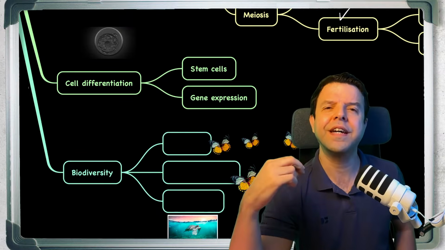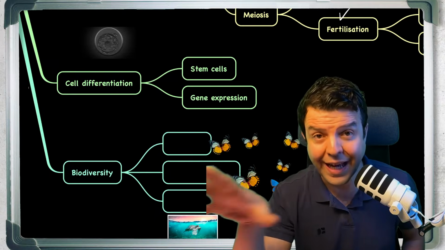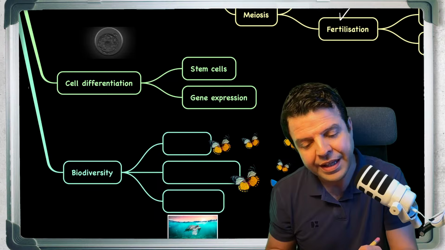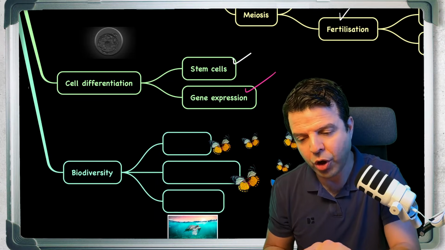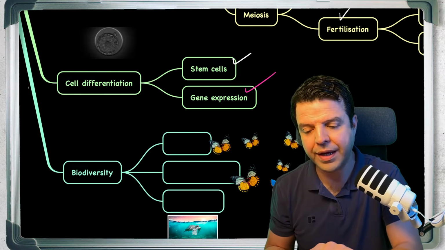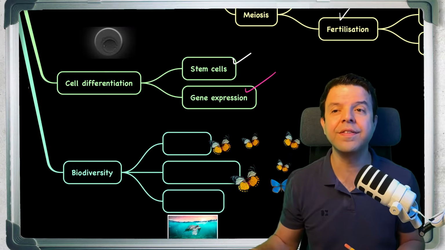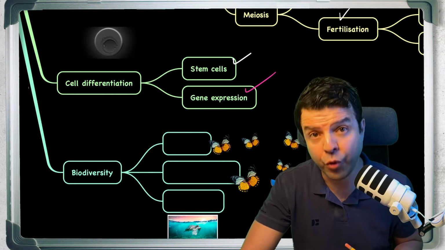Briefly, it means that in your body, you don't have all of your genes active at the same time. No, you turn off those you don't need. That's called gene expression. And another favorite topic here is known as stem cells. So you learn all the ethics of using stem cells for therapy and for other uses.